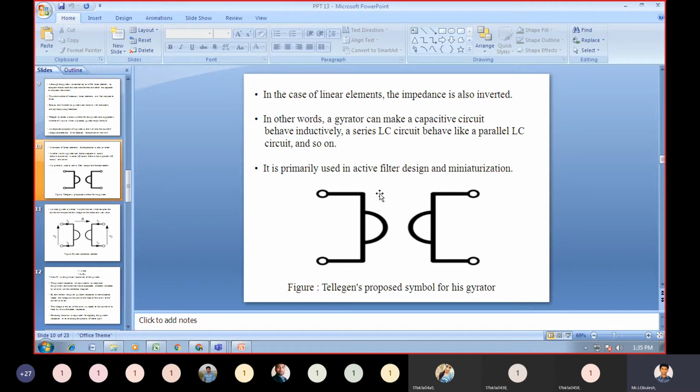So in other words, a gyrator can make a capacitive circuit behave inductively, and a series LC circuit behaves like a parallel LC circuit, and so on.